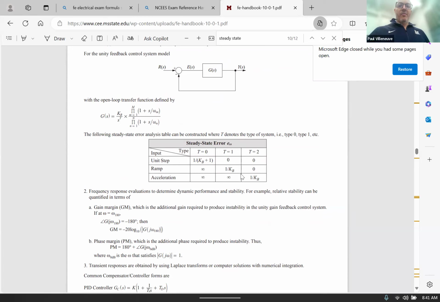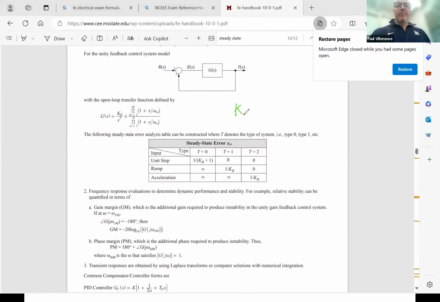Let me annotate. So we know that k sub b is going to be some limit as s approaches 0 of s times E of s. We know that's the equation. So the problem is, what is E of s?